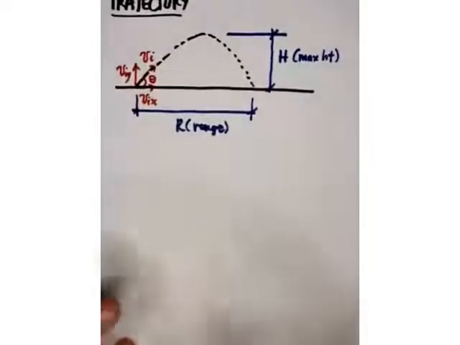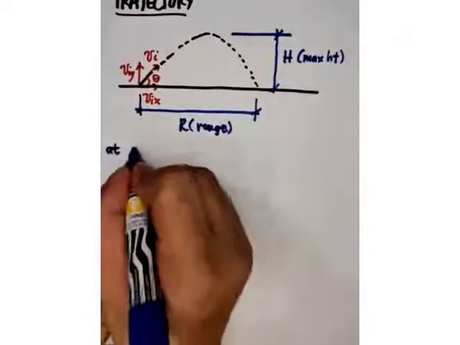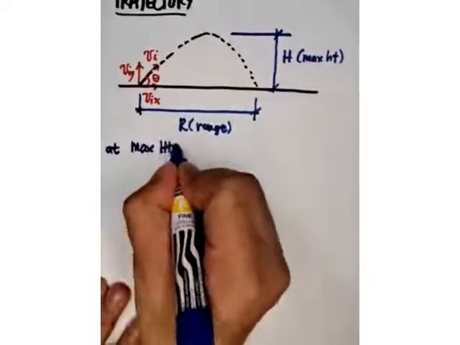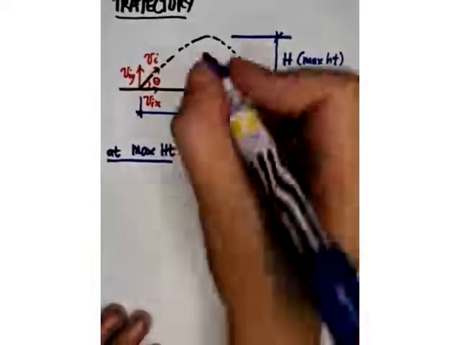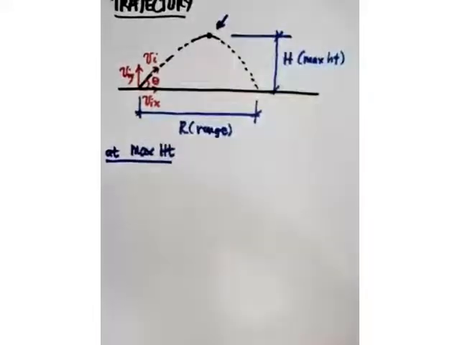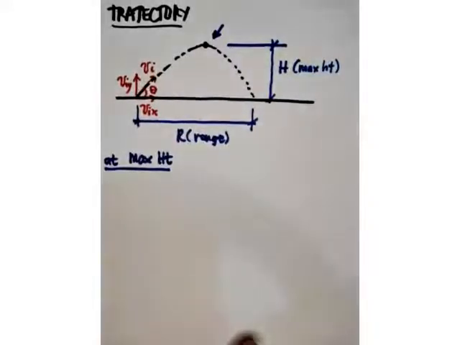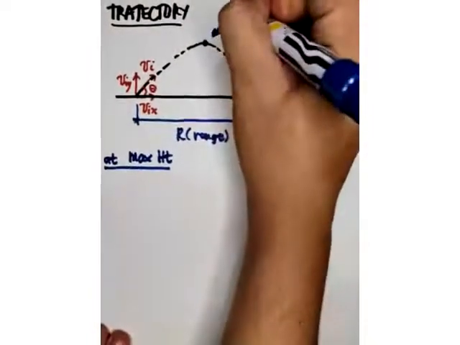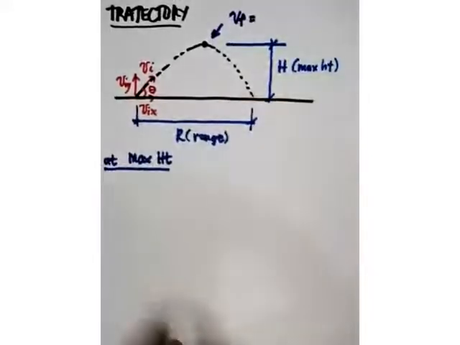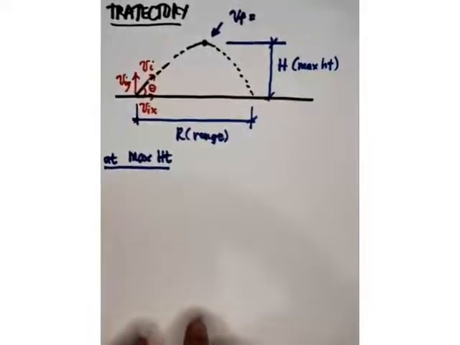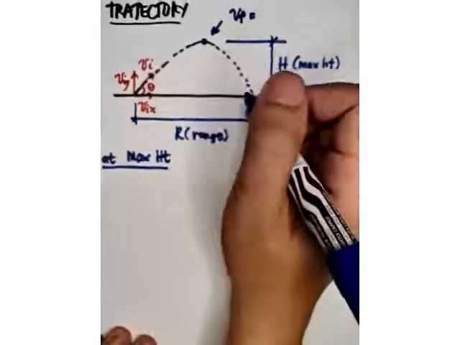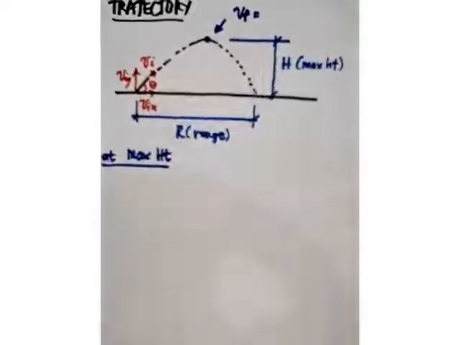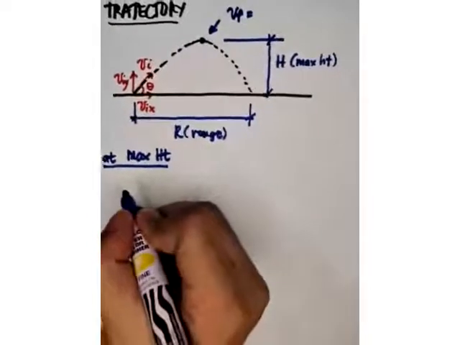Sige. Okay. At the maximum height ng projectile, anong mako-conclude natin? At the maximum height dito, what can we conclude? That the velocity is equal to... Okay, class, susulat ko na.